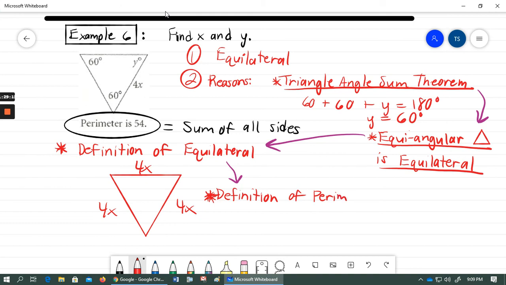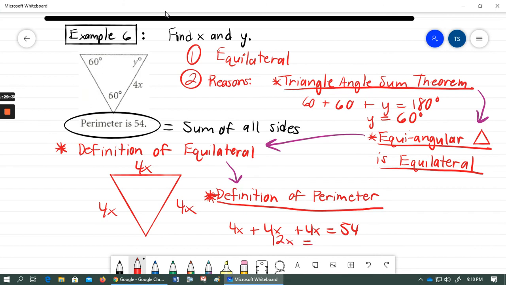So we set up an equation that represents that. Okay, so the definition of a perimeter says that when we add up all the sides of a polygon, we get that perimeter. So all three sides here, 4x plus 4x plus 4x equals 54. That's 12x equals 54.